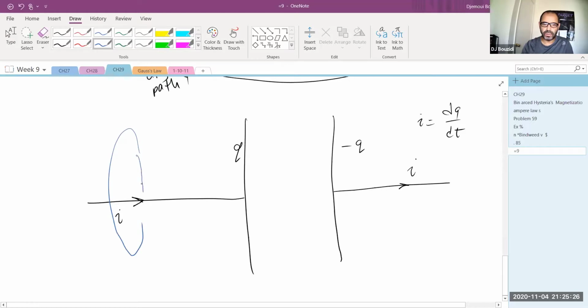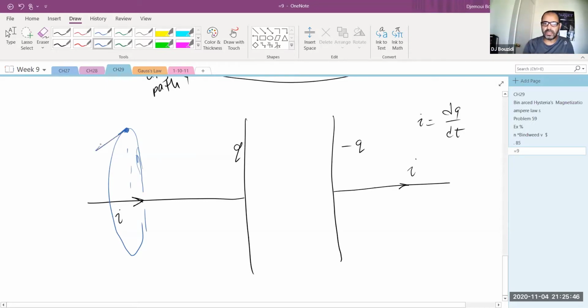Of course, it's a theoretical loop, and he wants to find the magnetic field at a point around it. So this is a circle of a given radius r, and he wants to find the magnetic field at this point. The current is flowing this way, and the magnetic field is coming from there.